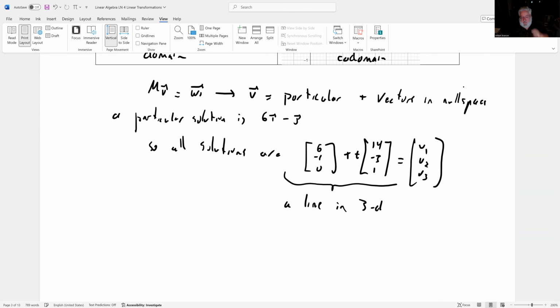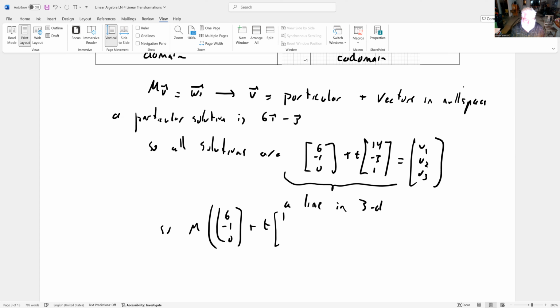So any vector that can be written like that is a solution to the equation Mv equals w. So what's M times (6, minus 1, 0) plus t(14, minus 3, 1)?